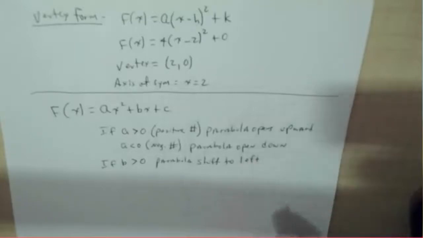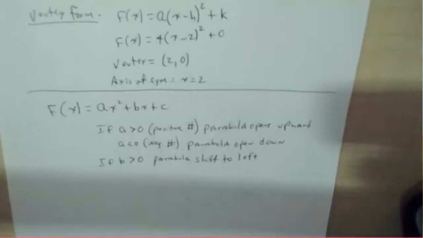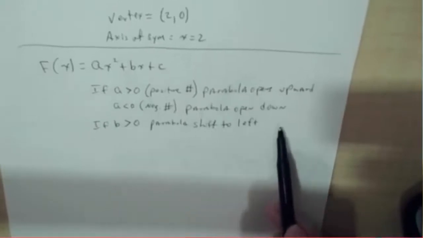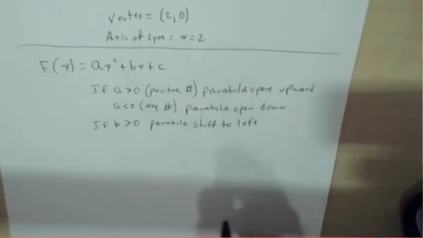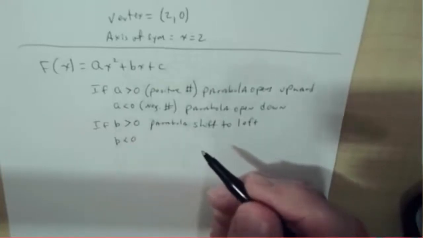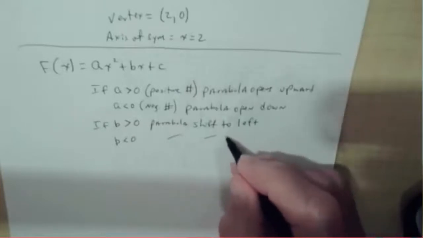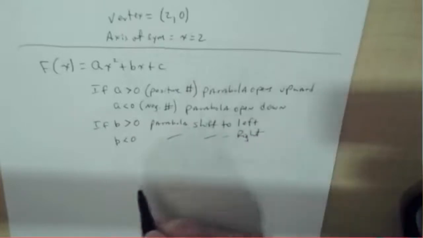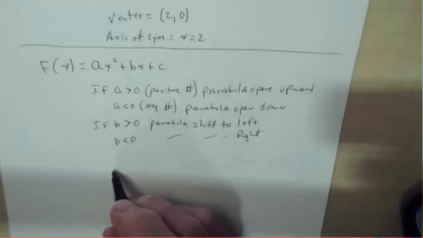It does exactly the opposite of what you'd think it would do. You'd think if positive it would shift to the right, but it doesn't. It shifts to the left. And if b is less than 0, in other words, negative numbers, the parabola will shift to the right.